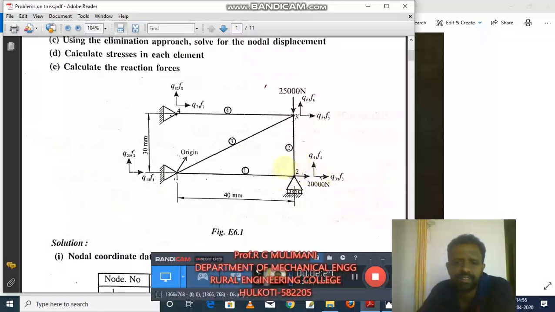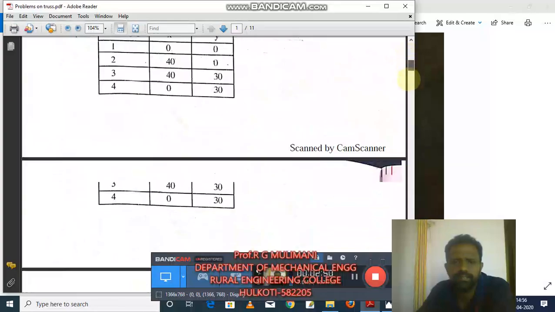So q4 is 0, so the fourth row and fourth column can be deleted in the equilibrium equation. In node 3, there are no constraints. In node 4 again it is fixed, so q7 and q8 values are 0, known boundary conditions. So 7th row 7th column, 8th row 8th column can be deleted.